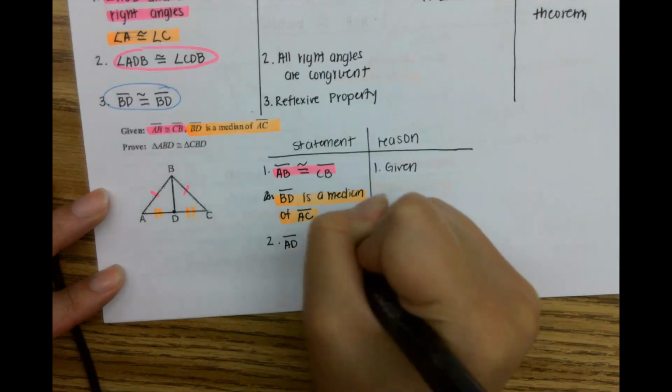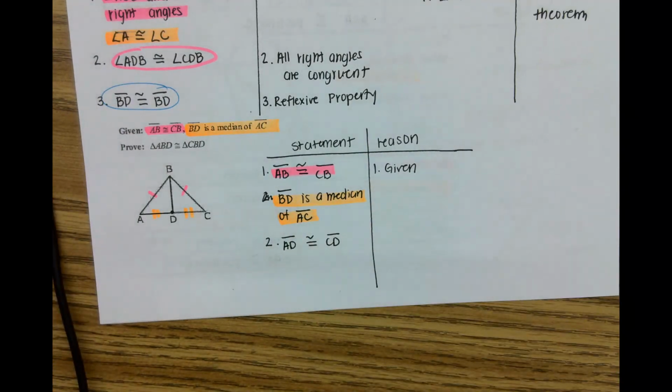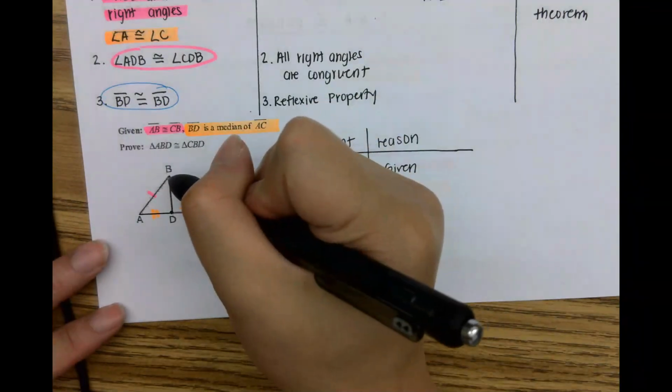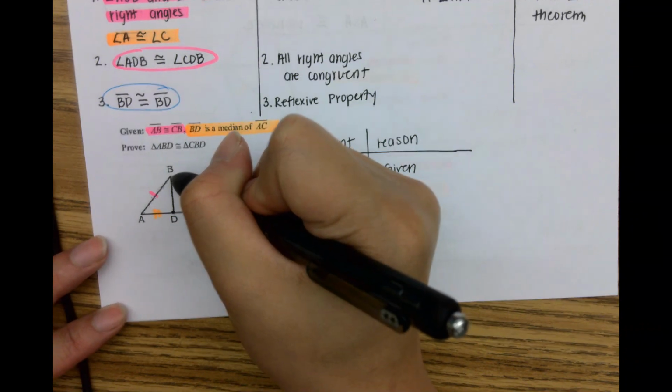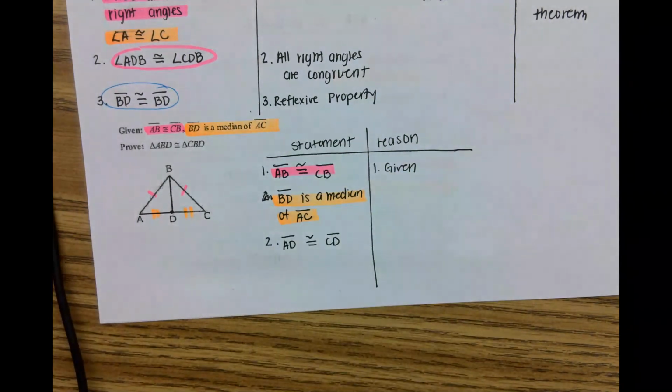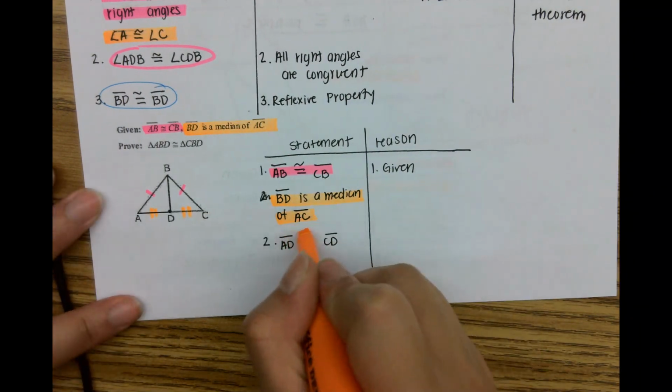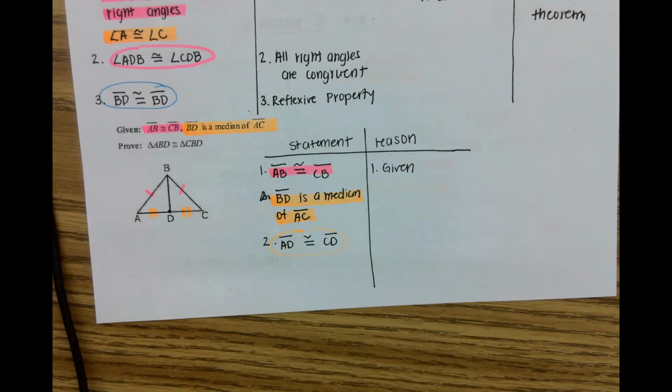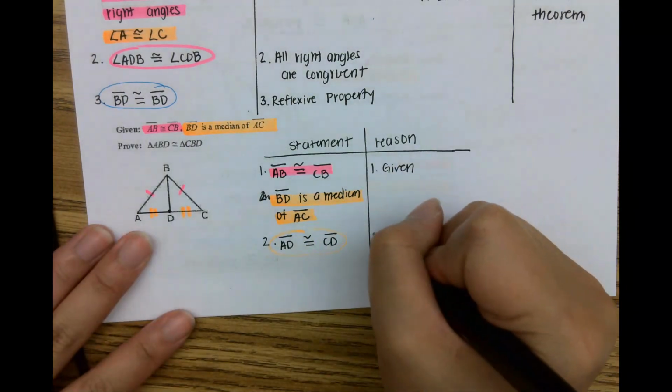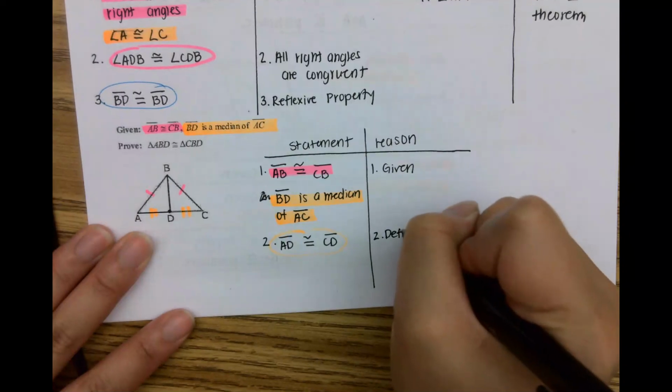The reason why is because the median is the segment that goes from the vertex to the middle of a side. So AD and CD, this is based on that median statement from before. The reason is the definition of a median.